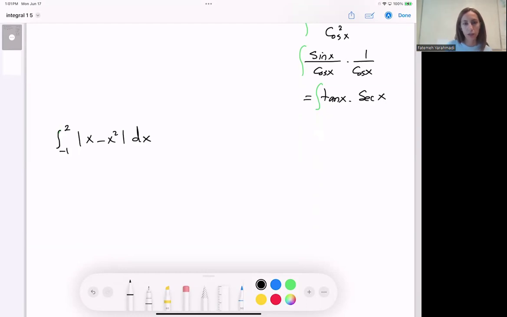So how do we calculate this definite integral? What does it look like? When you have absolute value function, you try to separate this into smaller pieces, all right?